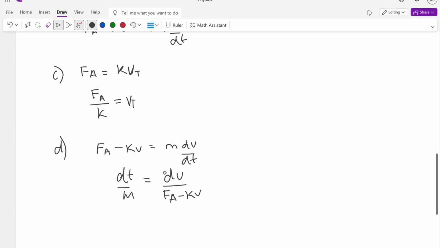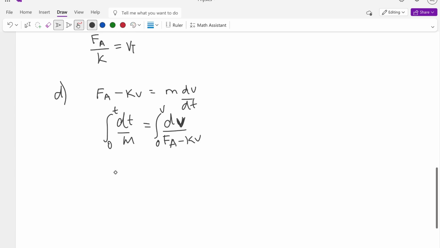What I did is I isolated all the terms that have v on one side with the dv, and all the terms that do not on the other side, which includes the dt and the m. So now we're going to take the integral of both sides. This one is going to be from 0 to t, and this one is going to be from 0 to v, as it says on top. So those are our bounds.